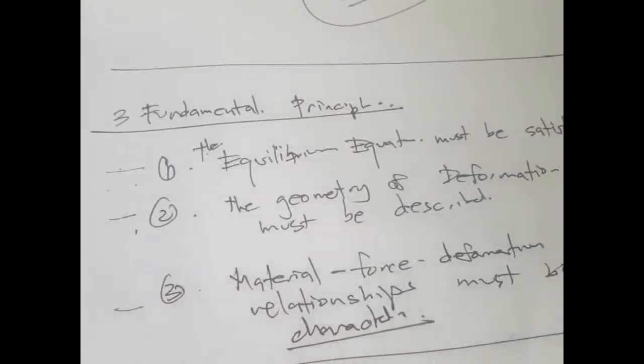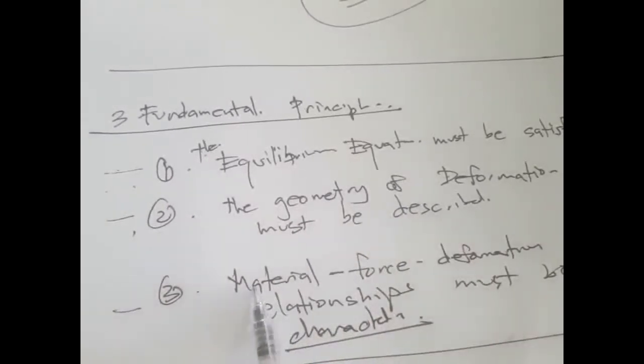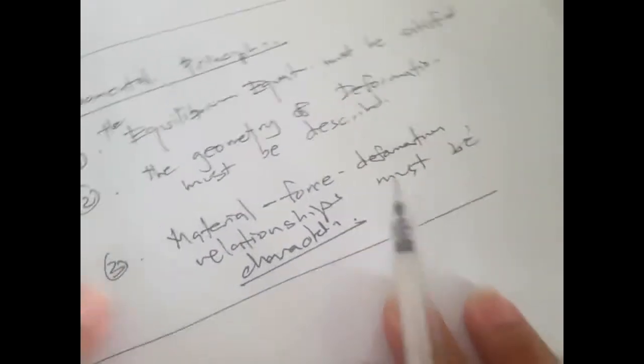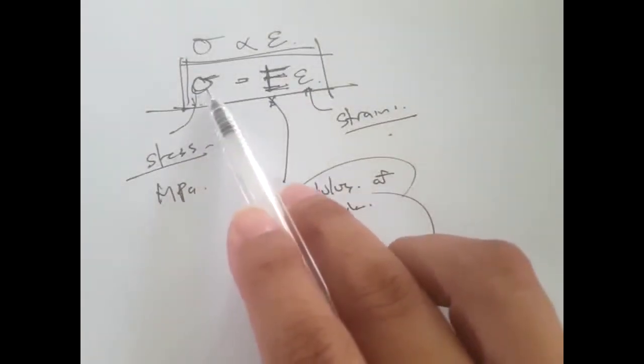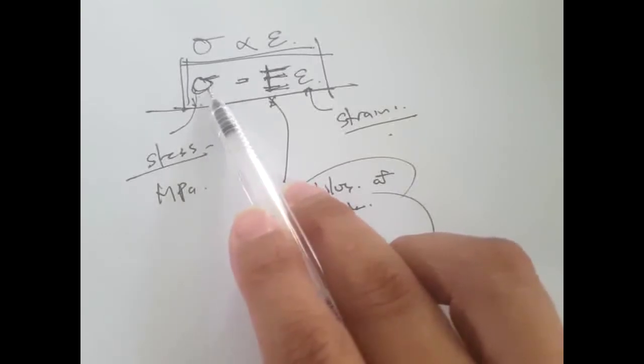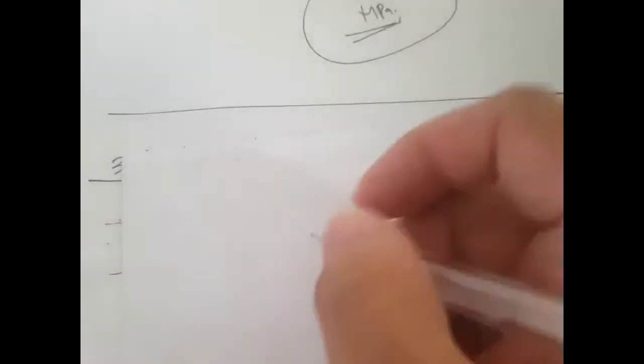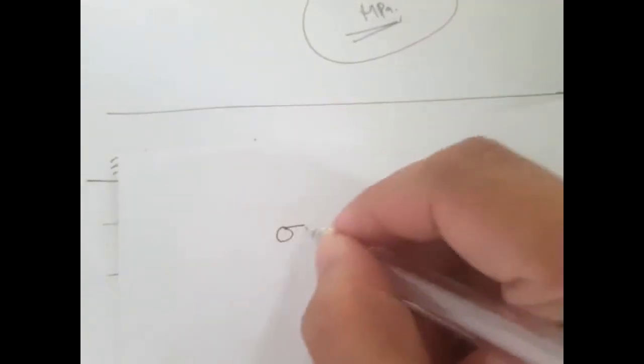For the geometry of deformation, I guess we will discuss the material force deformation relationships first, which is just the relationship between the stress and the strain. So now let's derive this. Stress is simply force over area, and the strain is simply the deformation or deflection divided by the original length.